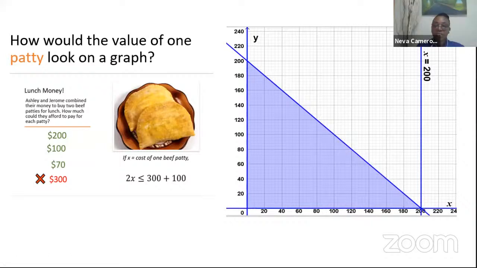All right, one student is saying it represents the total amount of money. Thank you. Let me repeat the question because I saw it. We were able to spend $200 for each patty, right?